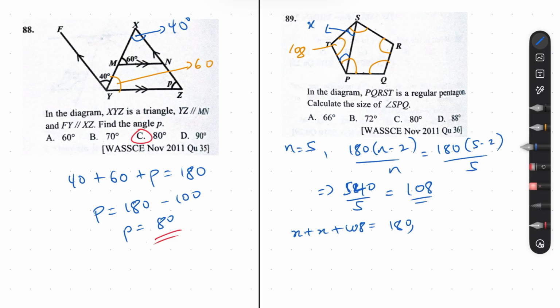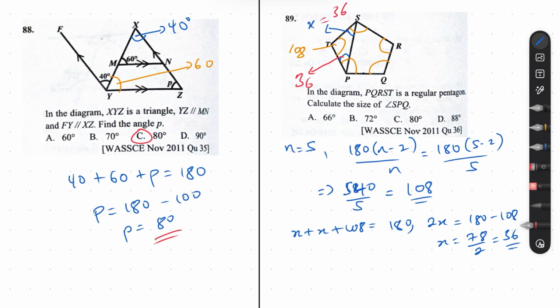So 2x will give us 180 minus 108. Cool. So x will give us 72 divided by 2, and that will be 36. Cool. So that means this x over here, which is the same as this angle as well, is 36.